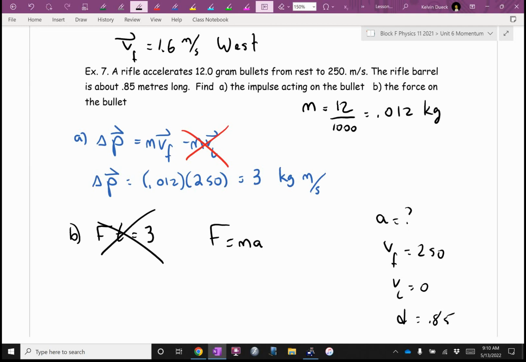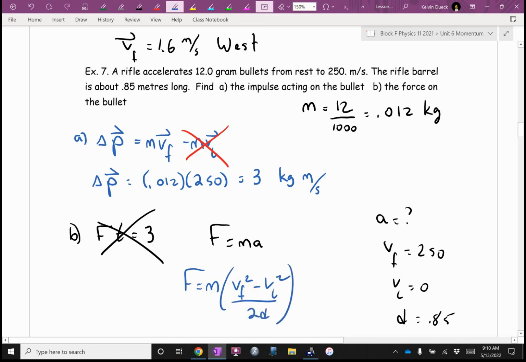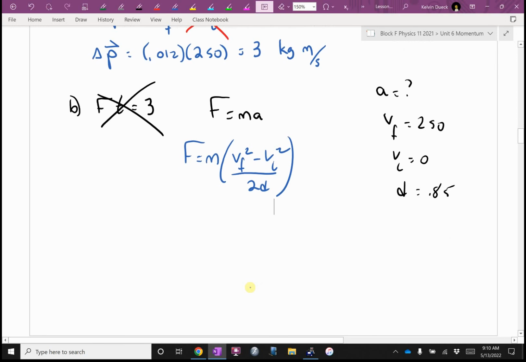VI squared. Let's get the A by itself. So VF squared minus VI squared all over 2D. You know what? If I was really lazy, I might even just do that. Because now I go straight to plug in the numbers.